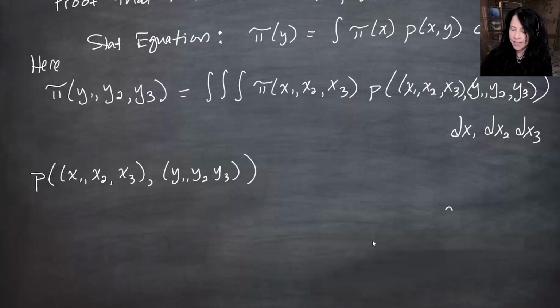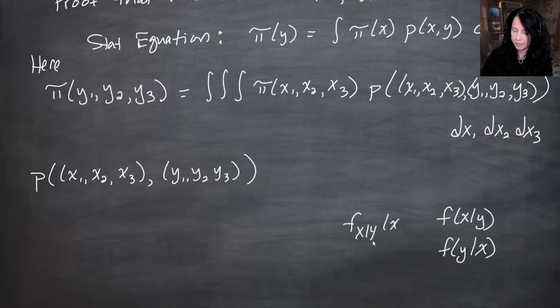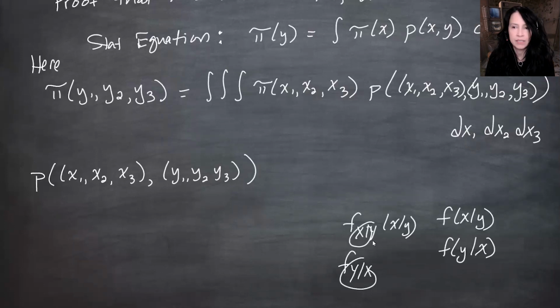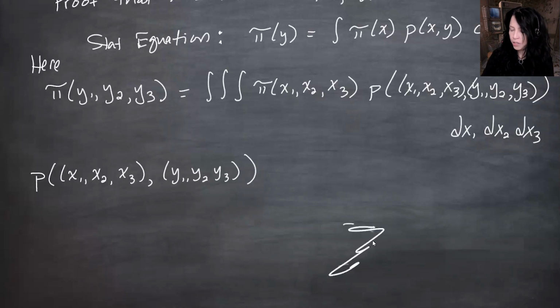Like again, if you see an f of x given y versus an f of y given x, these are notations for really different functions. That probably should have subscripts to say that they're not the same f, but it just gets way too messy too fast.